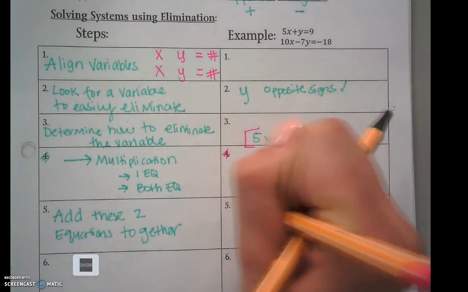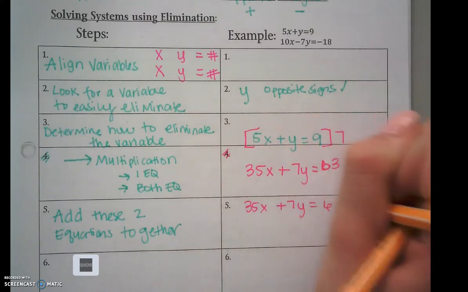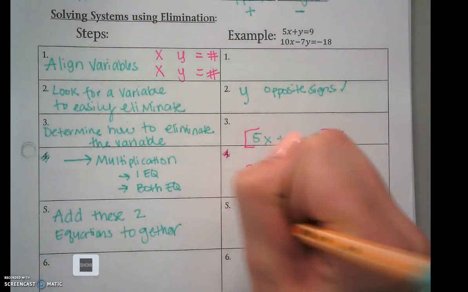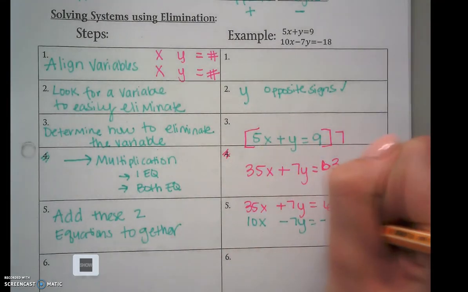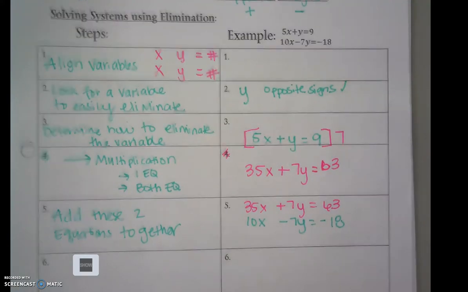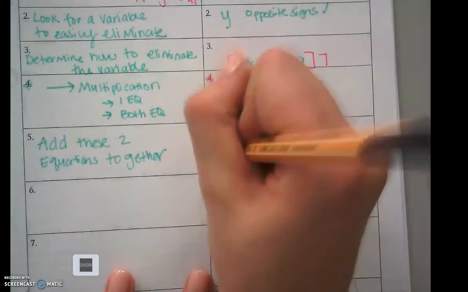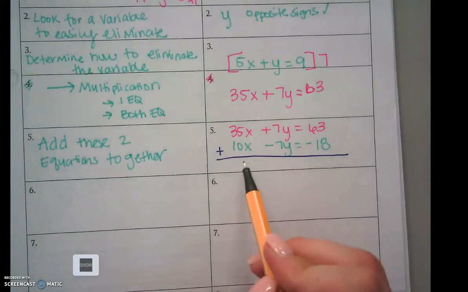So 35x plus 7y equals 63. And I'm going to rewrite the equation we did not change. When we go to add these equations up, we're going to add each column. Scroll this up for y'all. So I'm going to put a plus and a line here. We're going to add each column.